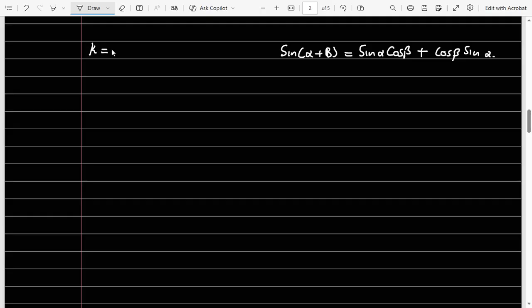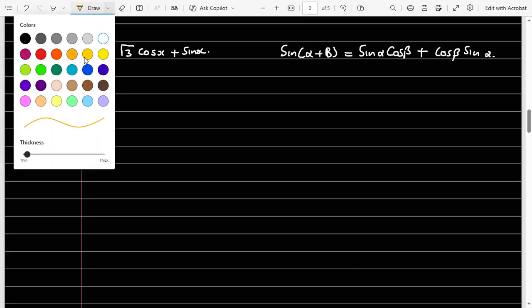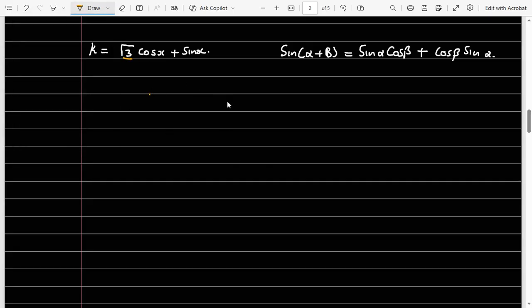I'm given k to be equal to root 3 cos x plus sine x. Okay, so now when I look at that root 3, what comes to my mind is that where we have root 3, this has to do with the special angles, the special triangle. So I know that I can create root 3 over 2 from that special triangle. But now, how do I bring the 2 here on this guy?